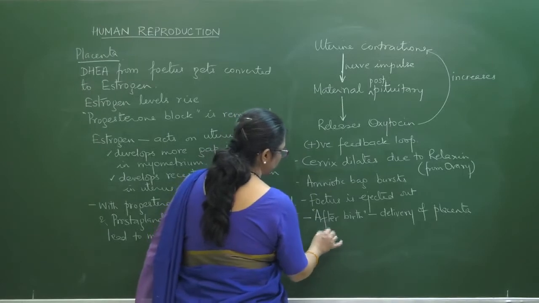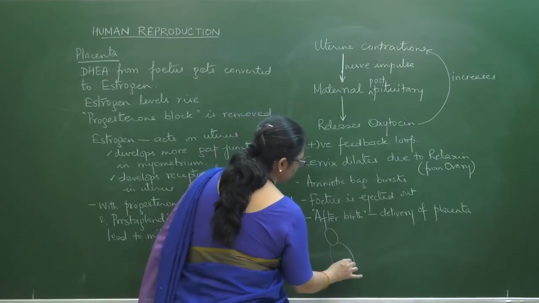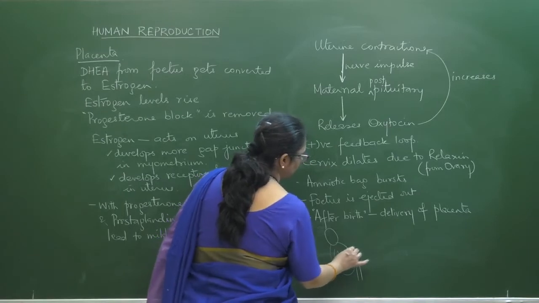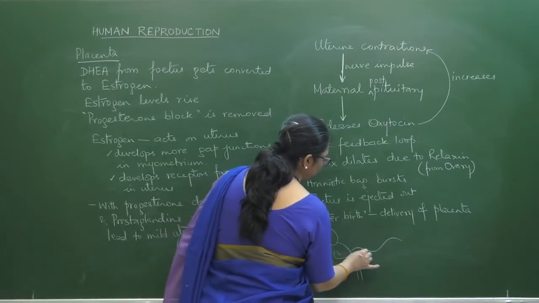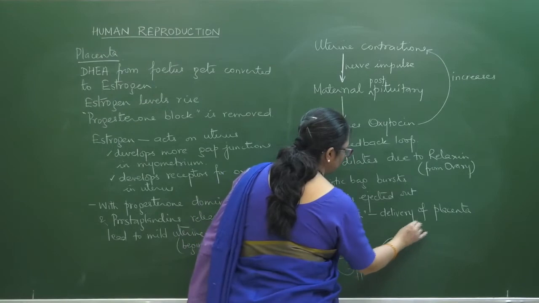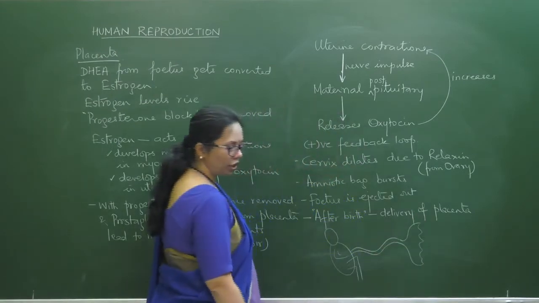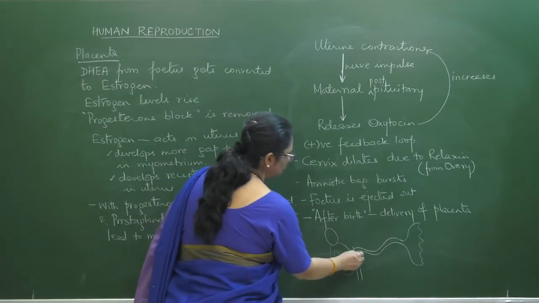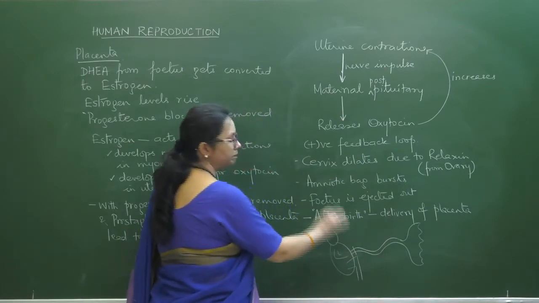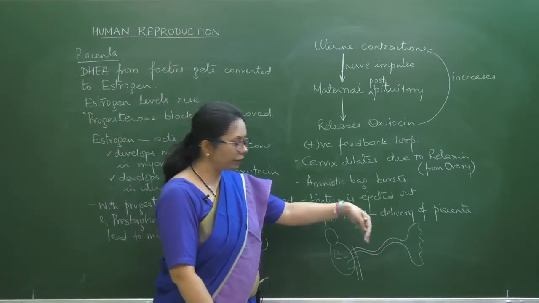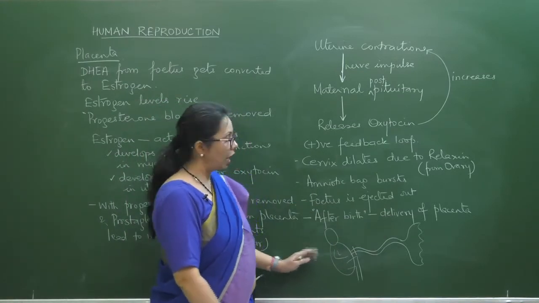We can once again make a simple cartoony diagram of this child here. And this is the umbilical cord, and at the end of the umbilical cord the placenta is attached. So this umbilical cord would be cut and tied so that the placenta is separated from the newborn.